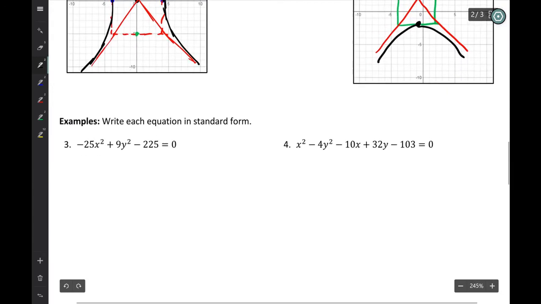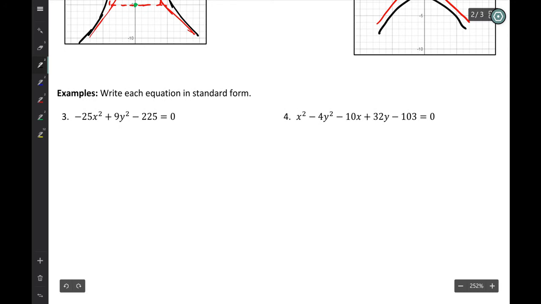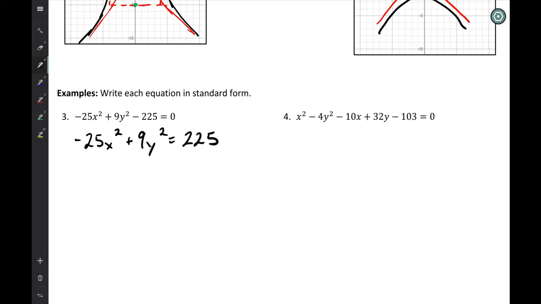I'm not going to graph these because that's kind of boring for you guys to watch. Okay, so if you're given an equation like this, notice how there's no x term or y term, only your squared terms. So you're just going to move 225 over. So you got negative 25x squared plus 9y squared is equal to 225. We're going to divide everything by 225.